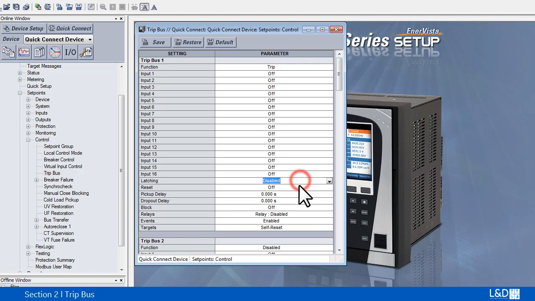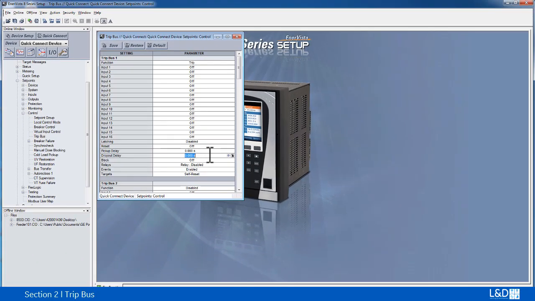The latching and reset can be used for logging and acknowledgement. The pickup delay and dropout delay are also available like most protection elements.